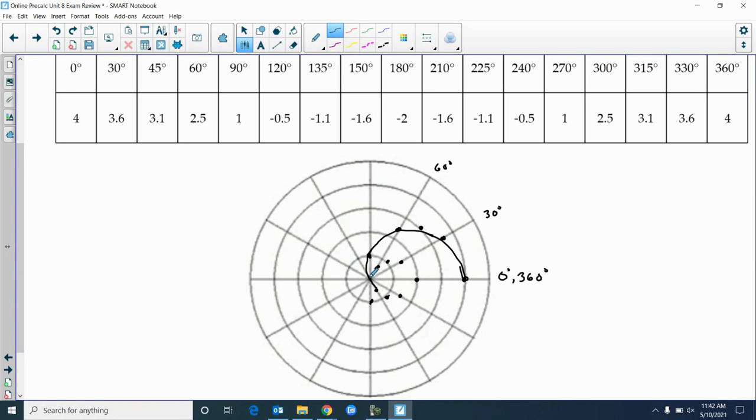So I got to go back through 0. So at this point here, I go around. I go back through 0. Oops, I got a little bit wide there. And so that is a point at 270. 300, 2.5, 315, 3.1, 330, 3.6, and then 360 is 4.